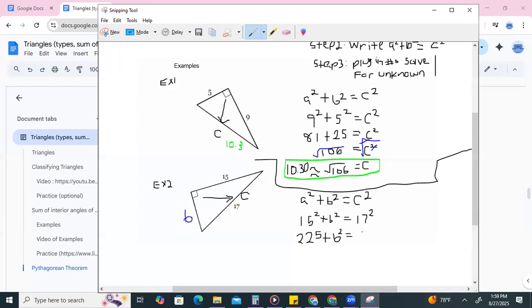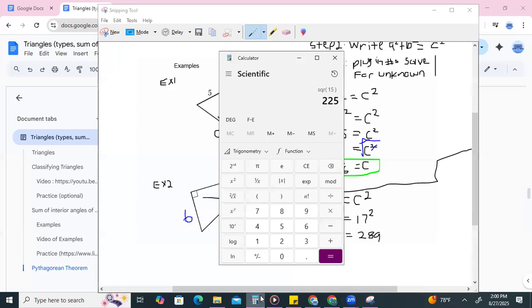You should have your squares memorized, but if you don't and you have access to your calculators, then use it. You just say 17 times 17. Just put it in there so you can see.